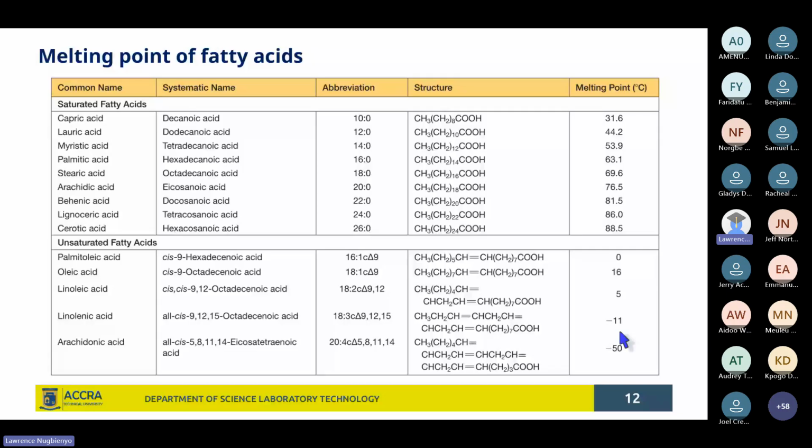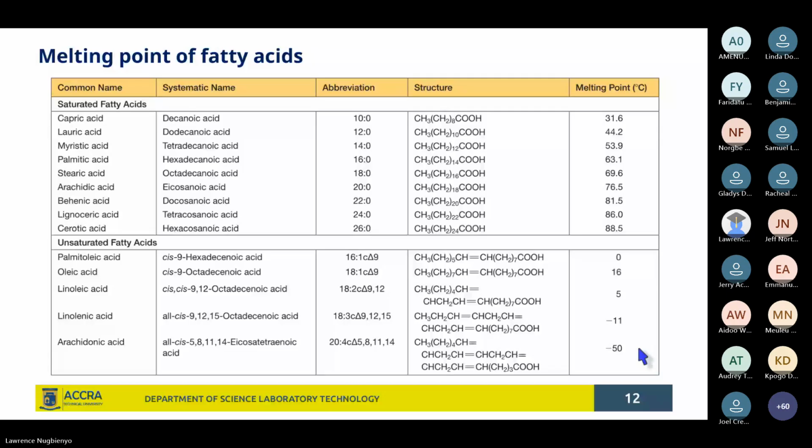So these are very practical things, not just some abstract things that you are studying. All right, so we've seen that relationship between number of double bonds and melting points. We've seen the relationship also between the number of carbons and melting points.